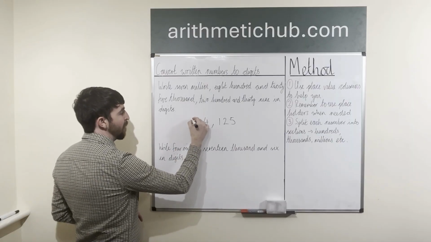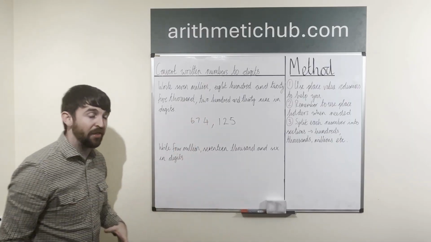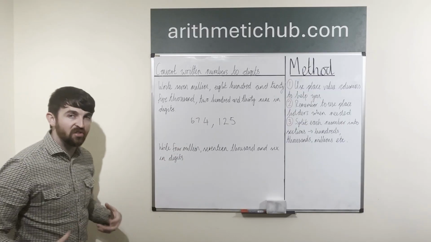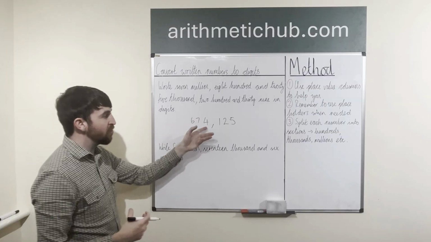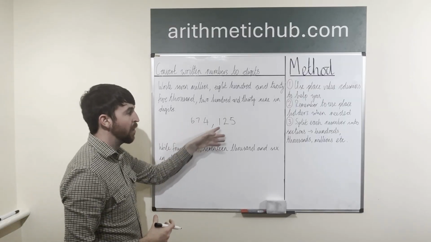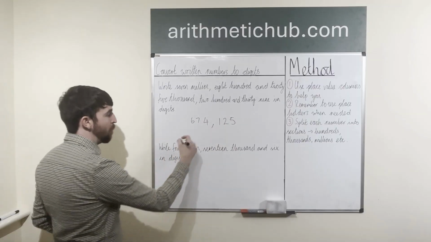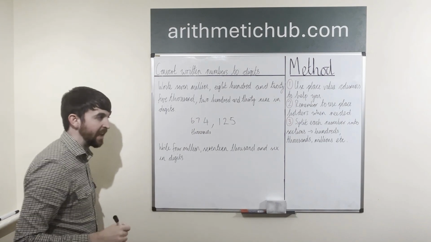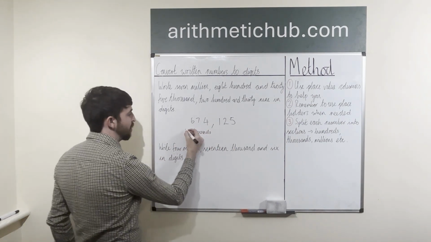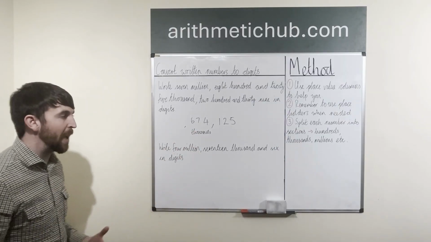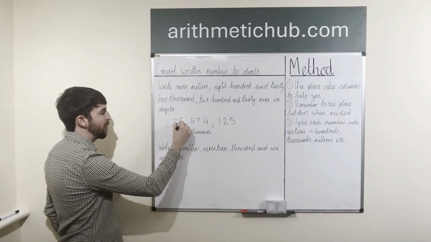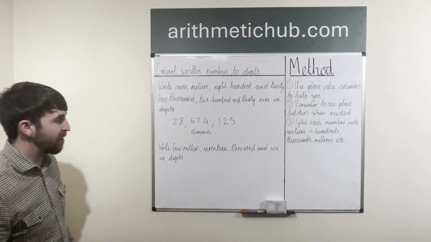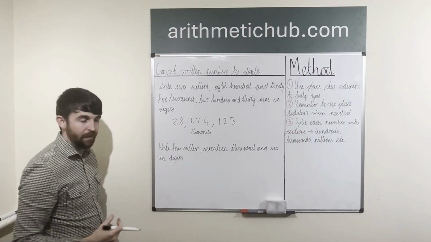If we were to have 674,000, we would read it as 674, and the comma here always tells us to say 1,000, 674,125. This is now the thousands section over here. This was like the 100 section over here. If we were to have an even bigger number, say for example 28,674,125, we've got another comma.